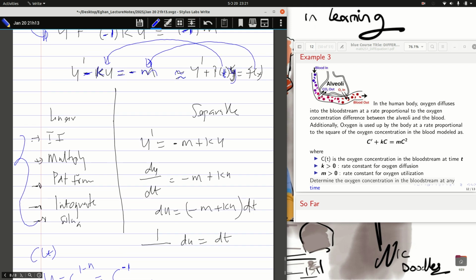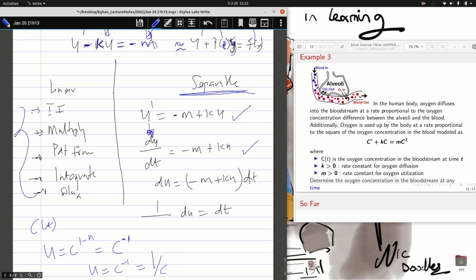But there's another interesting thing happening here. If you look at your transformation very carefully, it's going to be separable. How? You should be able to figure it out. If I rewrite this, taking everything to the right hand side, this is what I'm going to get. Do you see that? Yes. Now u prime is the same as du over dt, equal to this term here.